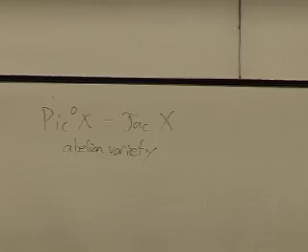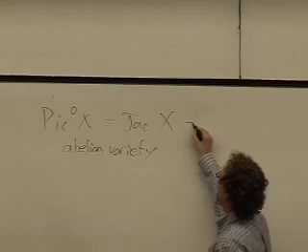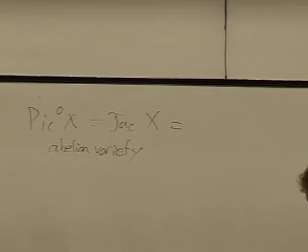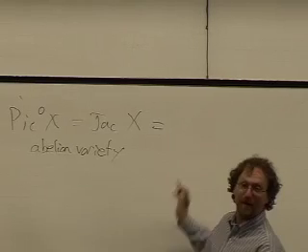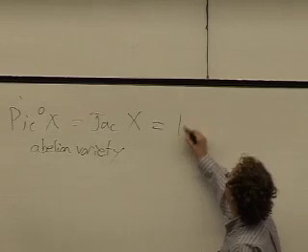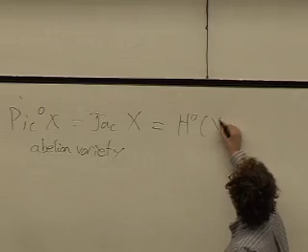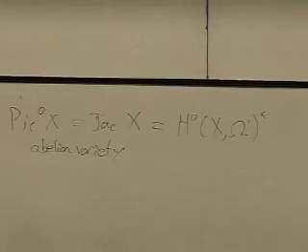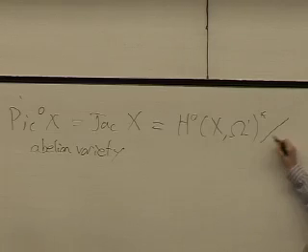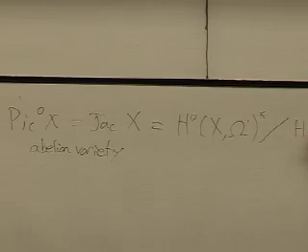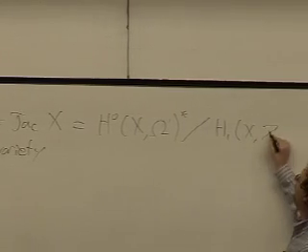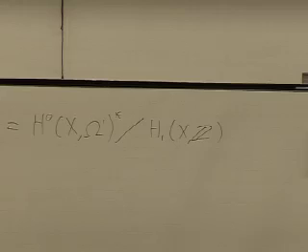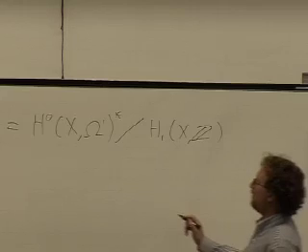And to write it explicitly, we want to identify it as a vector space modulo a lattice. I can write it as: look at the space of one forms on X, dual, so functionals on one forms, up to functionals on one forms that come, for example, from looking at homology classes on X. We can integrate a one form on a homology class, so we get a functional on one forms.